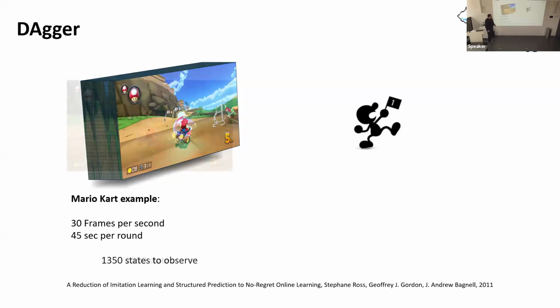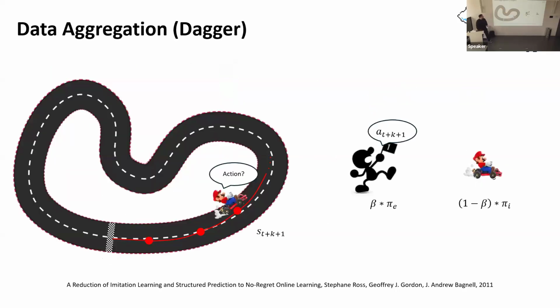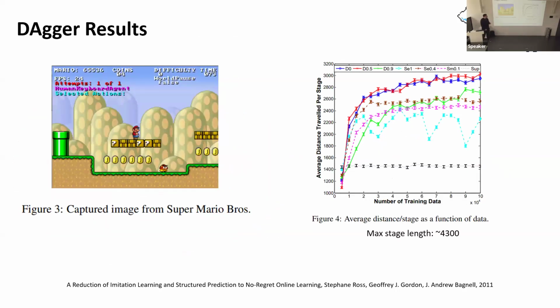So let's jump to the results of DAgger. They used this algorithm, DAgger, that I just showed you, on Super Mario Brothers, where the goal is to just finish the level. What we can see here, the important two graphs are the blue and the red one.